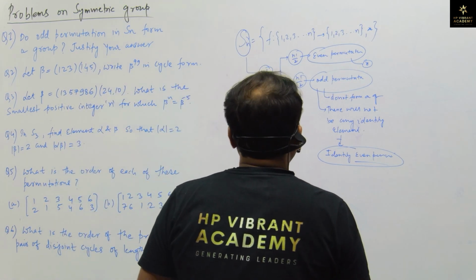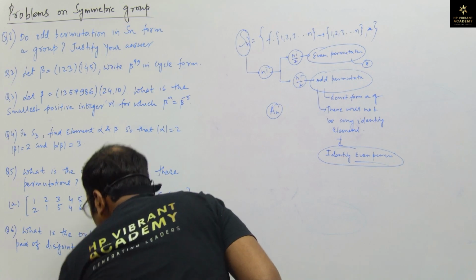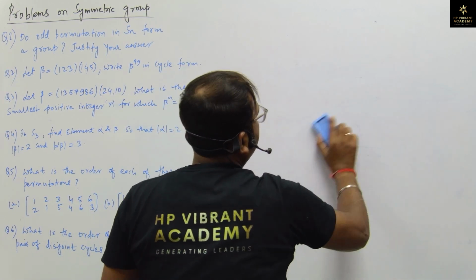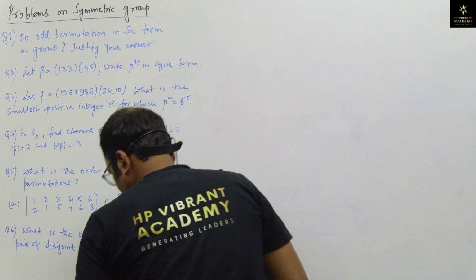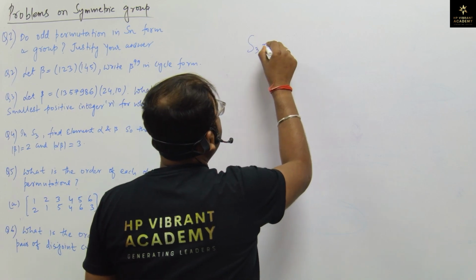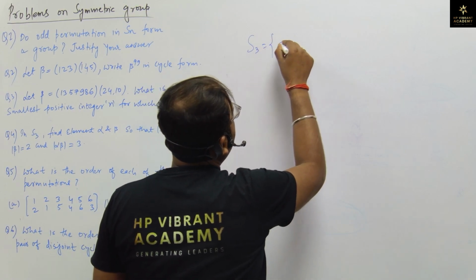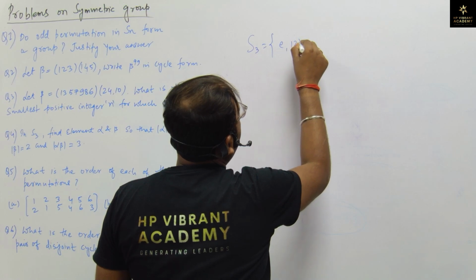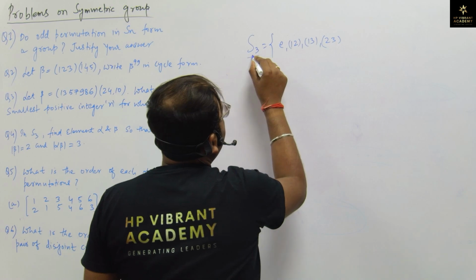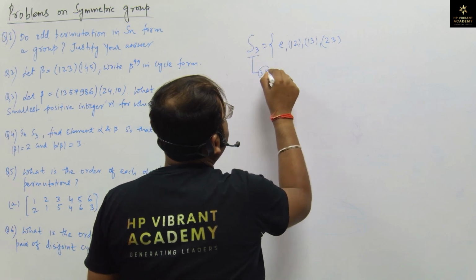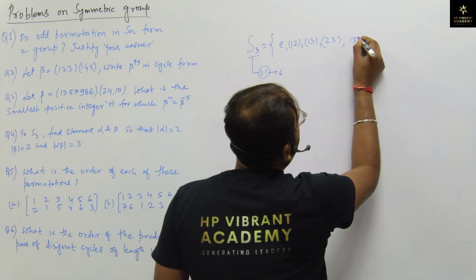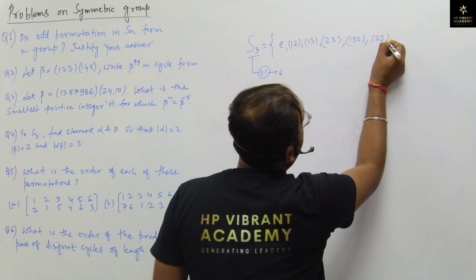So let us understand this with an example. Let us take a symmetric group with 3 letters. We have the elements of S3, as we have already discussed in the previous lectures. So we have identity, (1 2), (1 3), (2 3), (1 3 2) and (1 2 3).